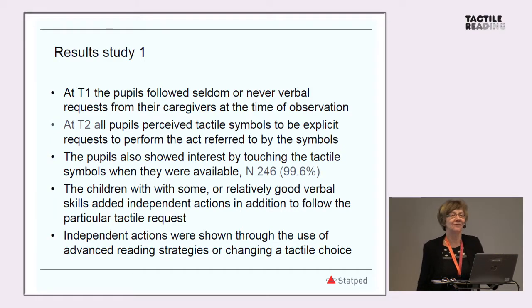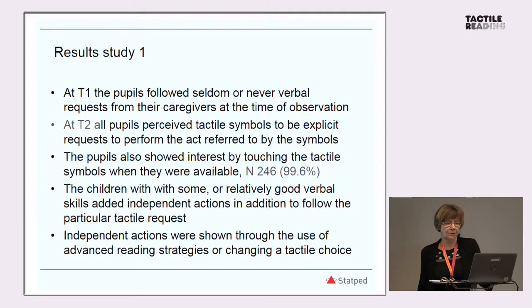At T1, the results from the first study: the pupils followed seldom or never verbal requests from their caregivers at the time of observation. At T2, all pupils perceived the tactile symbols to be explicit requests to perform the act referred to by the symbols. Thus, the results show that all the children followed requests to act more often when tactile symbols were used than when they were only verbally encouraged to take action.